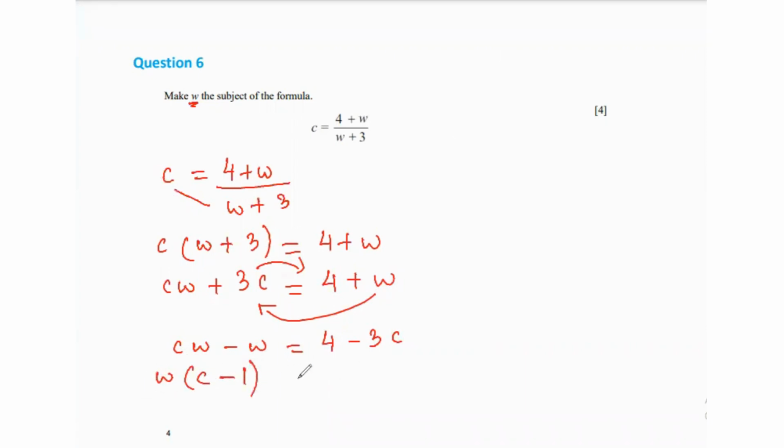So it becomes w times c minus 1 equals 4 minus 3c. And in order to make w the subject of the formula, we will divide 4 minus 3c by c minus 1. And that gives us the answer for this question.